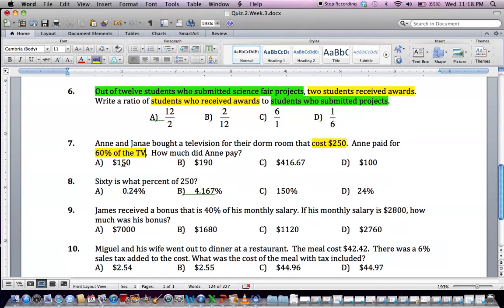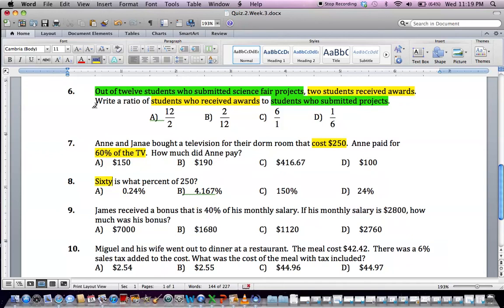The answer will be $150, $190, $416.67, or $100. 60% of the TV. 60 is what percent of 250? Again, you can do this several different ways.